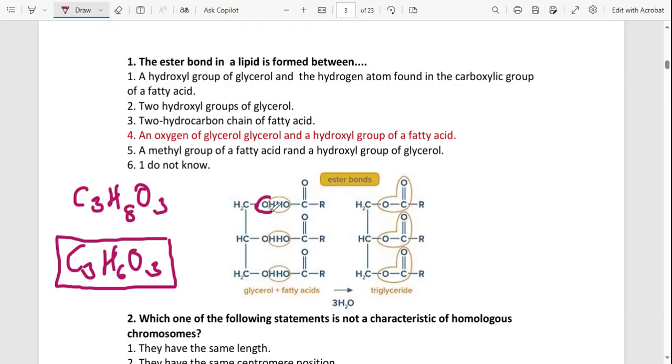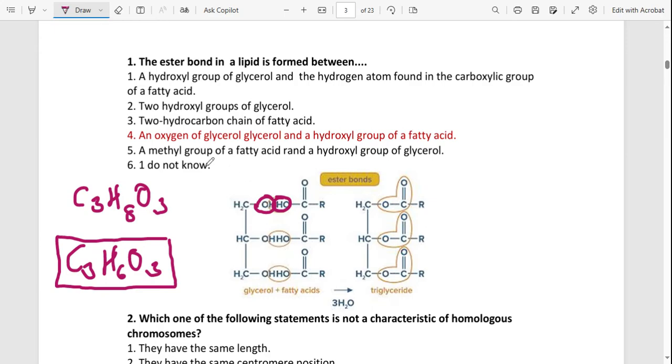It is between 2 hydroxyl groups, but both are not from glycerol. One is from the fatty acid, one from glycerol. And then 3 is saying 2 hydrocarbon chains of fatty acids. That's also not correct. And an oxygen of glycerol and hydroxyl group of fatty acid. So that is actually correct.